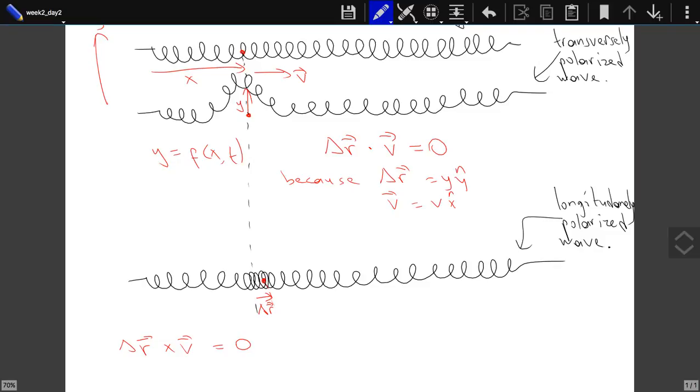So in general, for a general wave, it will be a sum of a transversely polarized part plus a longitudinally polarized part. And a wave doesn't have to be either transversely polarized or longitudinally polarized. At least in this case, if you create a wave in this slinky, it can have both of them at the same time.